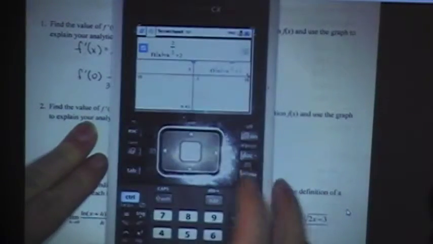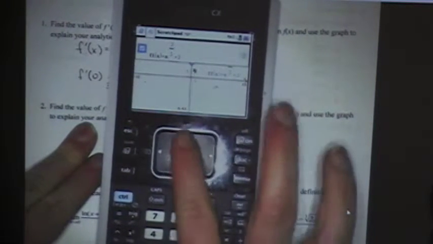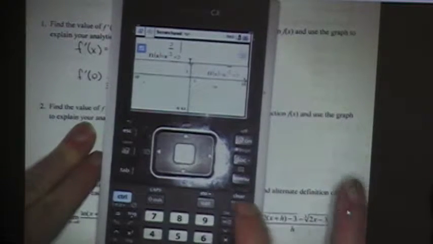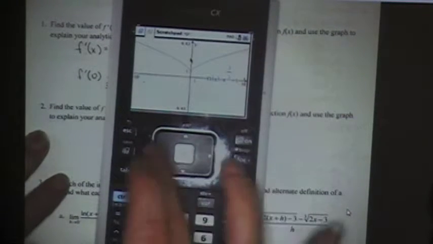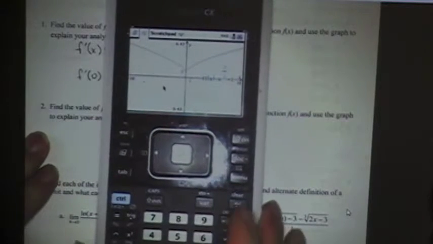What I already had in my calculator is actually pretty close to this. X to the 2/3 plus 1. So this is one of those that looks like a bird, like the birds you used to draw in elementary school. So it's like this.